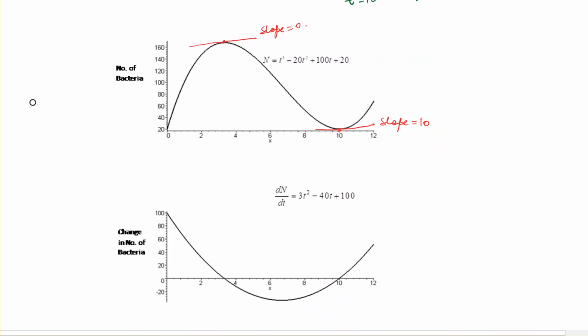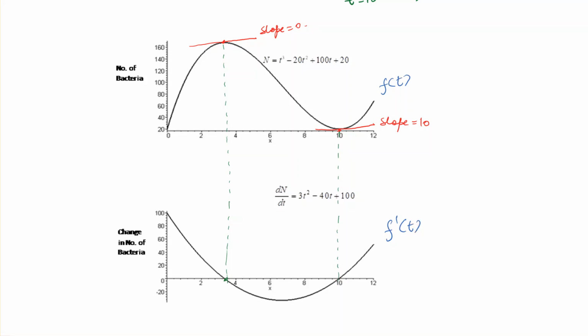The slope will be 0 at the highest or the lowest point, and even from the graph we can notice that it becomes 0 when the time is approximately 3 point something, and also when the time is 10 hours, then the slope is 0. So this is our graph of the function. This is our graph of the derivative of the function.